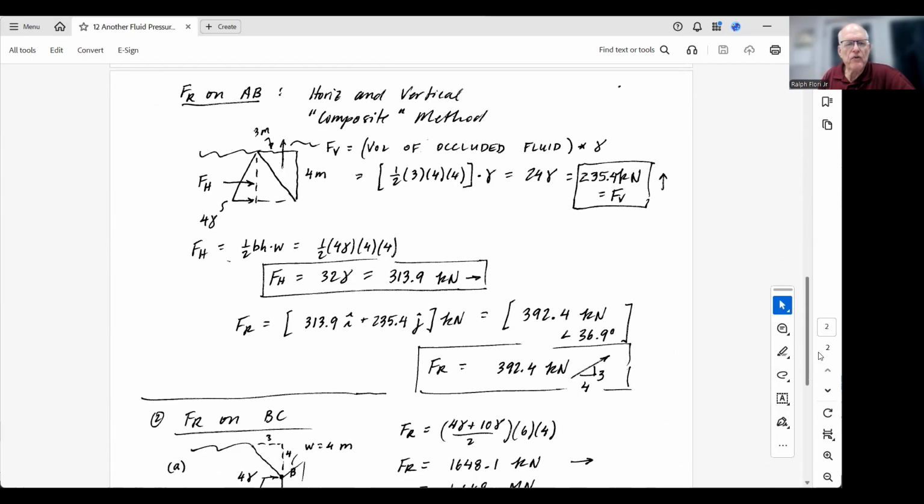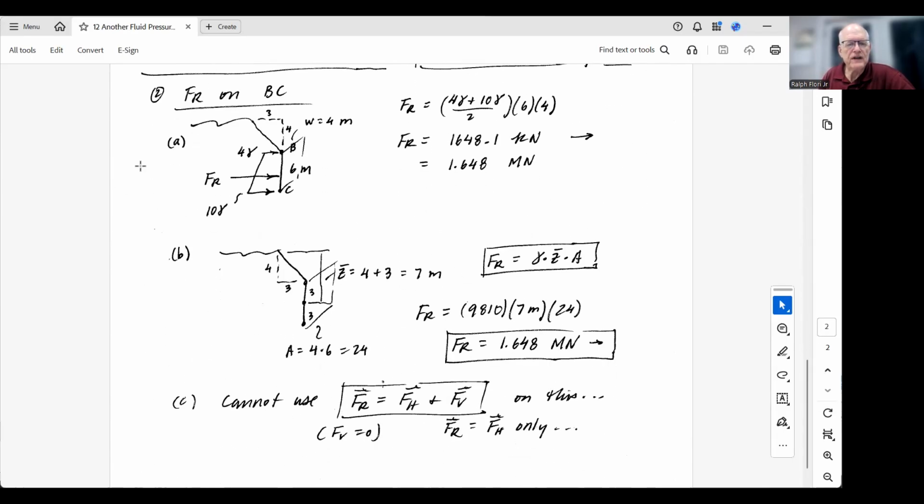So now the lower part of the wall, from B to C. So B to C is submerged. And so the pressure distribution on BC is a trapezoid. Point B is 4 meters deep, and so the pressure at B is 4 gamma. Point C is 10 meters deep, 4 plus 6. The pressure there is 10 gamma.